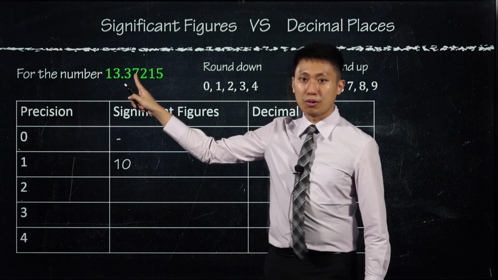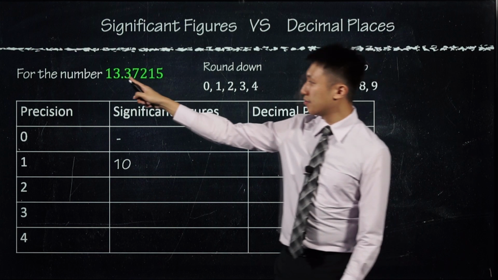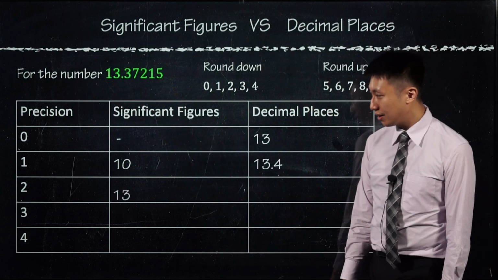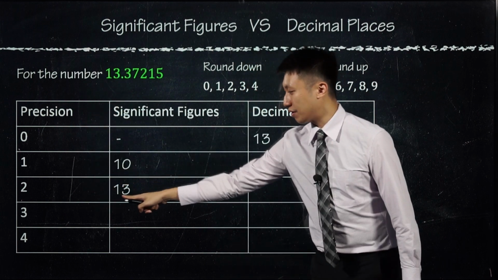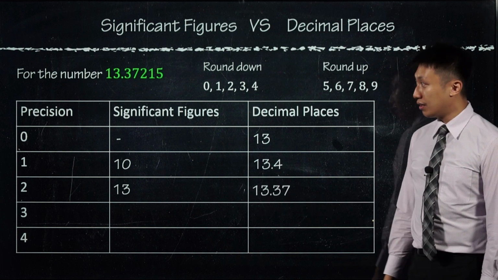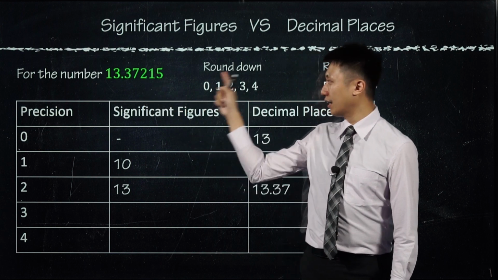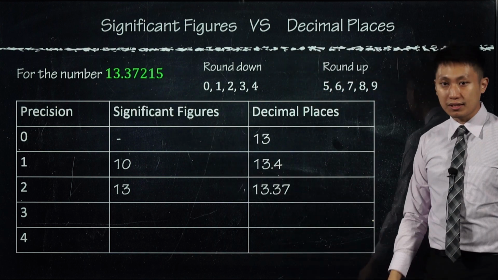The 7 is more than 5, so you round up, and it becomes 13.4. Just look at the next one. 2 significant figures. I want 2, so count from the front. 1, 2. So 13. Then here should be 3.7, because the 2 here rounds down. So 37 only. Okay, so you got this one.